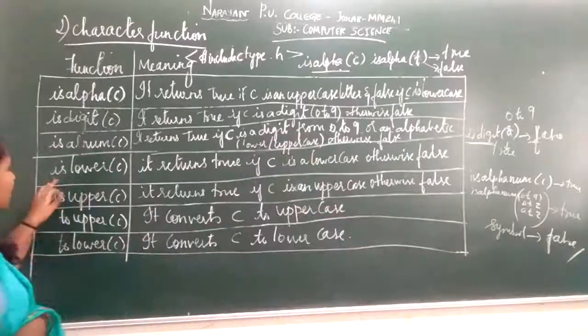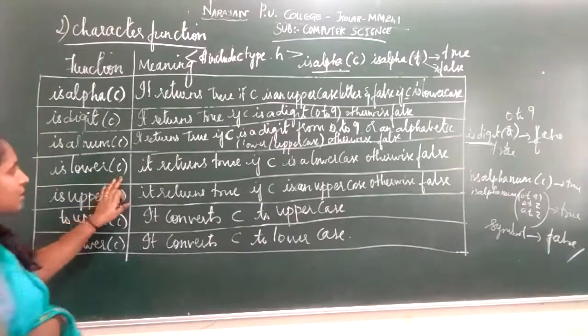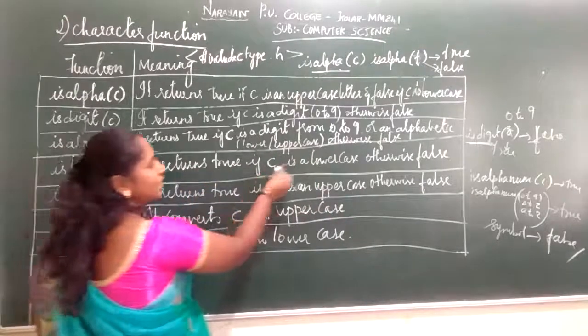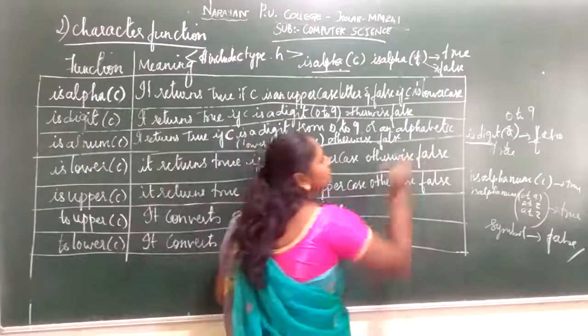Next is islower(c). That is what it says. It returns true if c is a lowercase. Otherwise it is false.